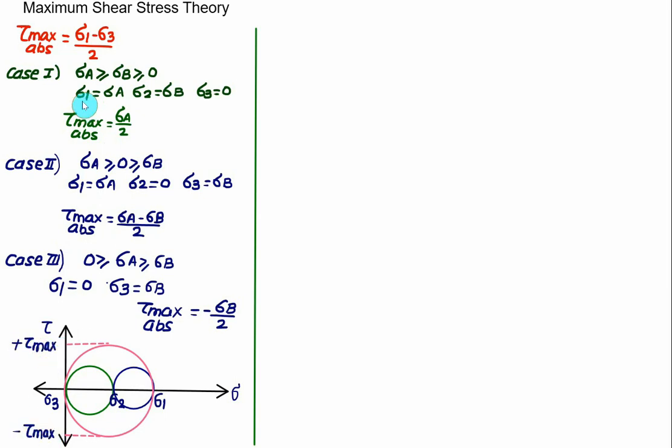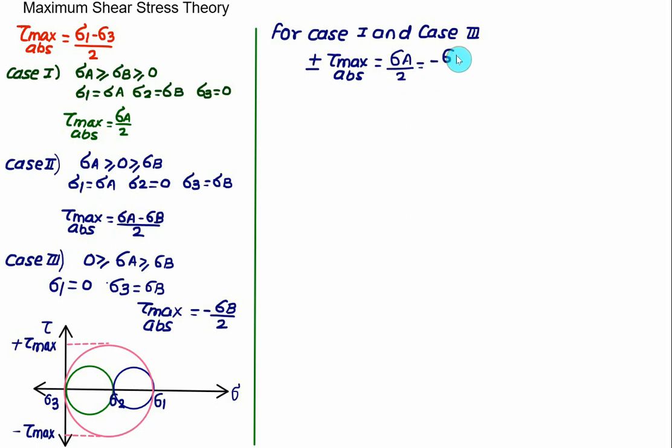As far as case 1 and case 3 are considered, tau max absolute is sigma A by 2 and tau max absolute is equal to minus sigma B by 2. So for case 1 and case 3, the value of tau max absolute is taken as plus minus, either sigma A by 2 or minus of sigma B by 2.